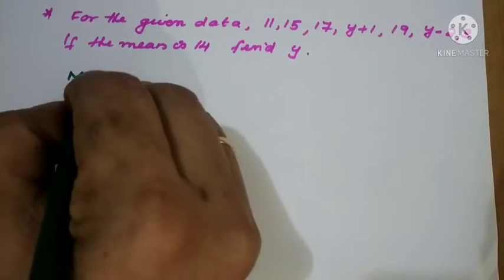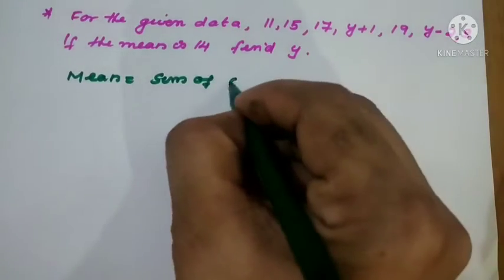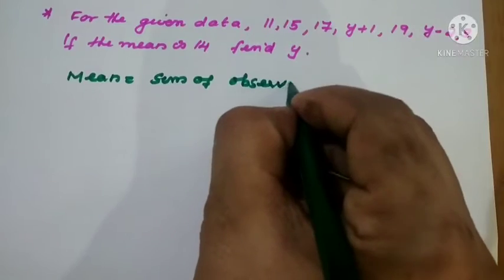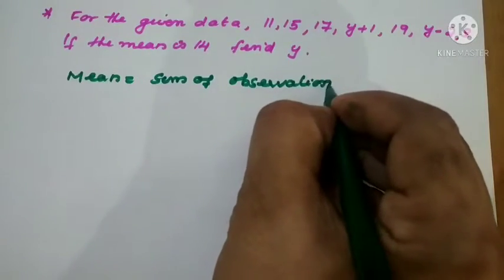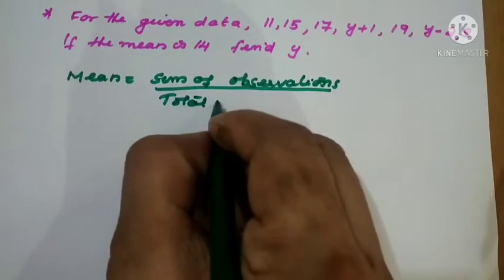So mean equals the sum of the observations divided by the total number of observations.